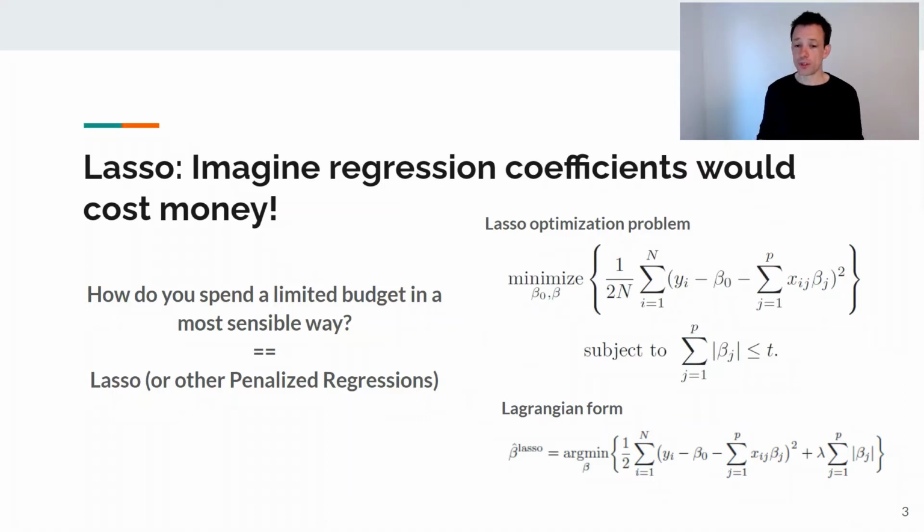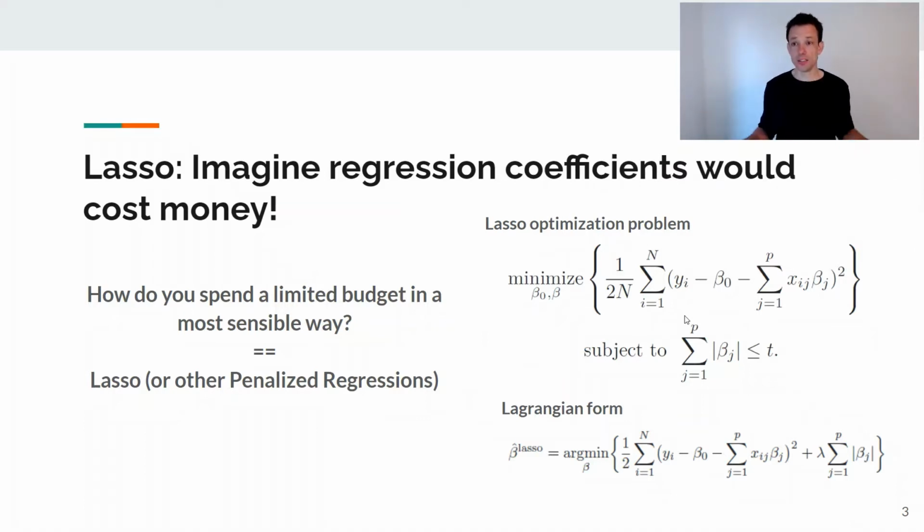What is different is the second line here that says that we want to do that minimization subject to a constraint, subject to our budget constraint. And that constraint ensures that the absolute sum, so that is this one here, the absolute sum of our regression coefficients does not exceed our budget t.